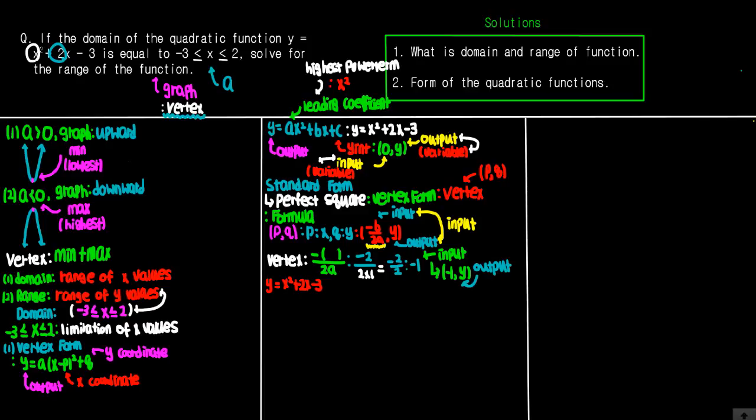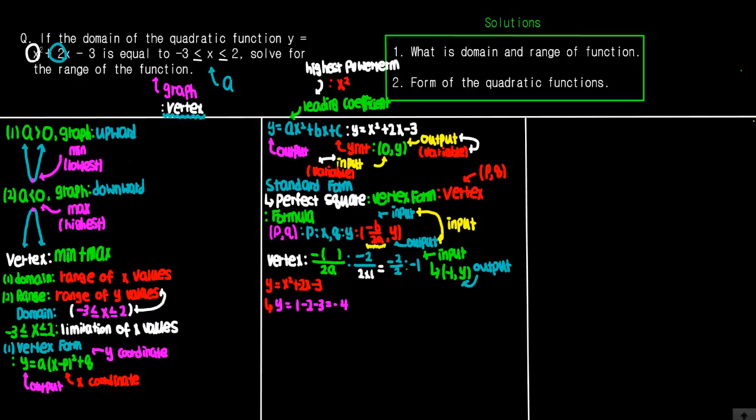So as we can see, we can input our formula back into our function. Our x input is going to be negative 1. So if we input our x value as negative 1, it will turn into y is equal to 1 minus 2 minus 3, which gives us negative 4.